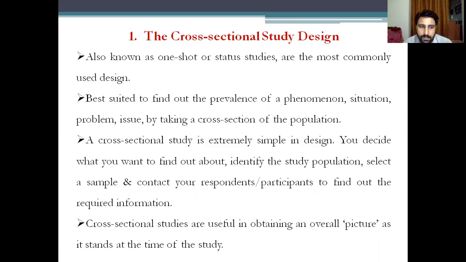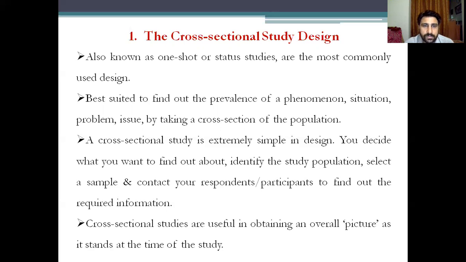You are going to take one cross-section of a population, whether you collect the sample, interview them, or observe them, and you are going to get a true picture of the phenomenon at a point of time. It is extremely simple in design.